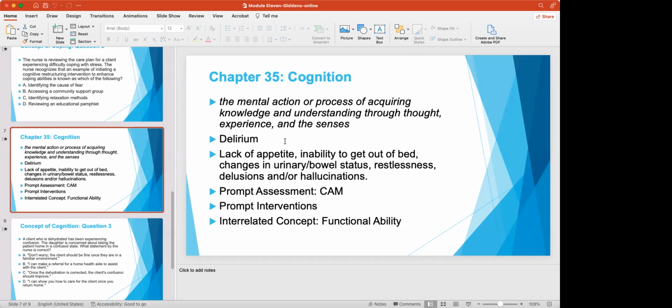It may also be the initial symptom of life-threatening problems such as pneumonia, urosepsis, or, as I mentioned previously, myocardial infarction. Delirium is usually reversible with prompt treatment of the underlying problem and management of related predisposing factors. Using the CAM, or Confusion Assessment Method, or the RADAR tool might help.